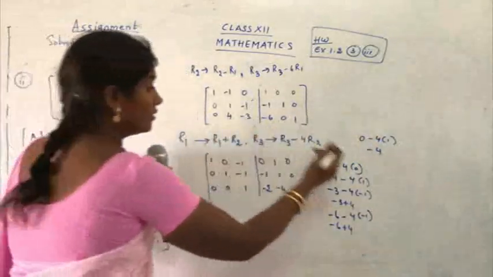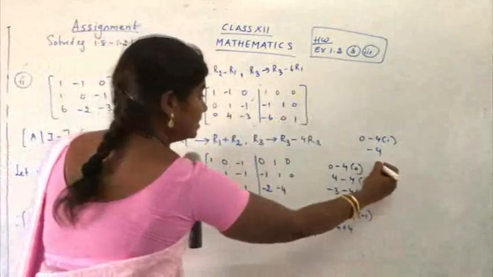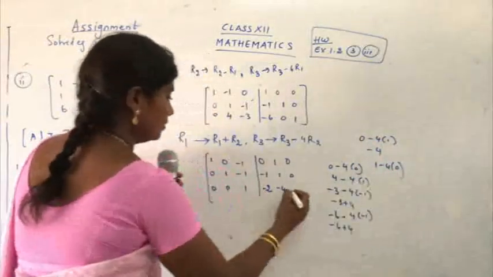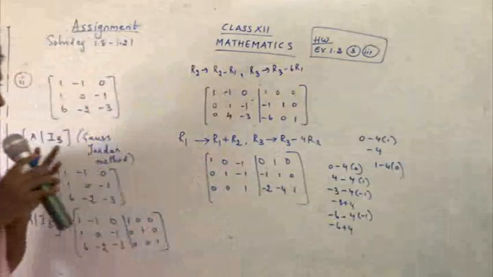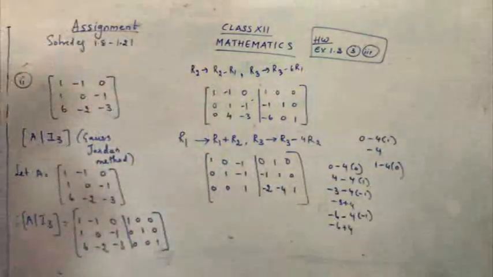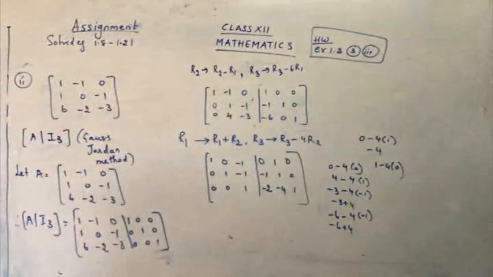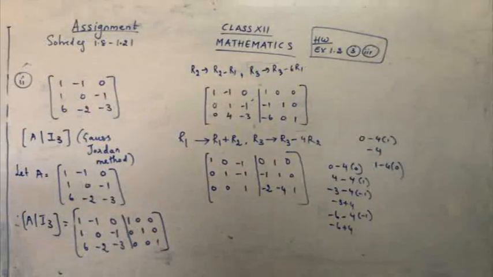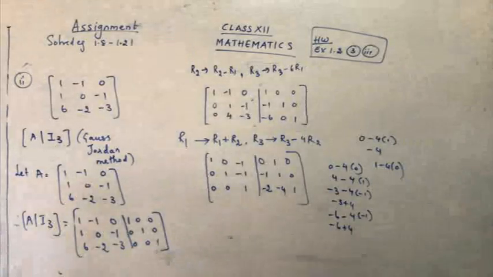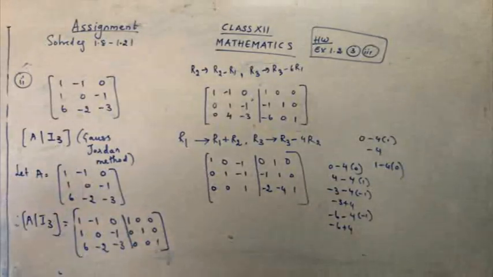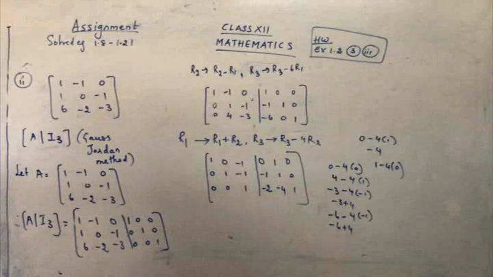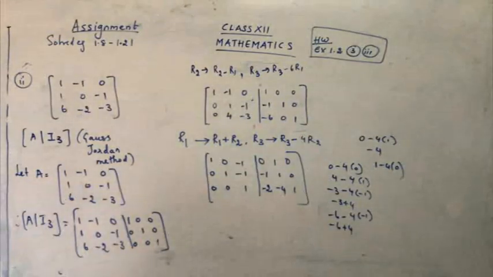Last element 1: 1 minus 4 into 0 is 1. So we have changed R1 and we have changed R3. So what is the answer we are getting? We are getting 0, 0, 1, minus 2, minus 4, 1 in the third row. Second row is almost done.